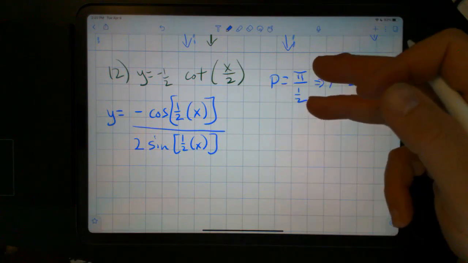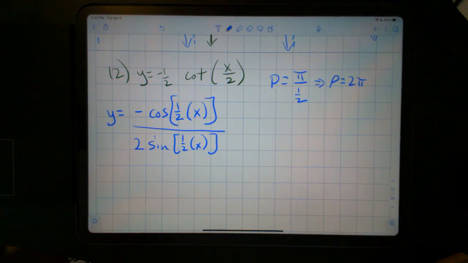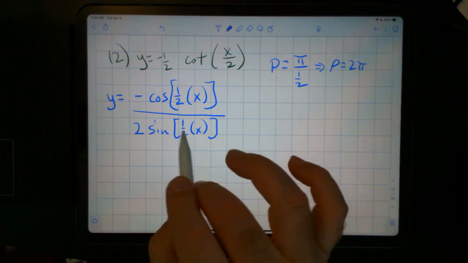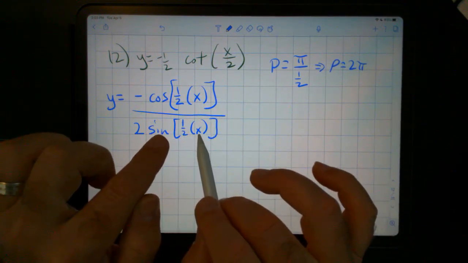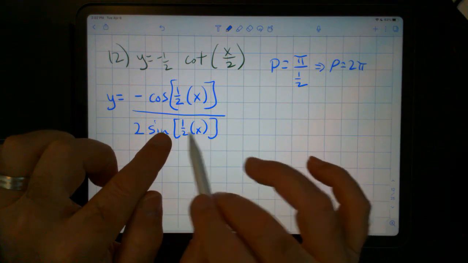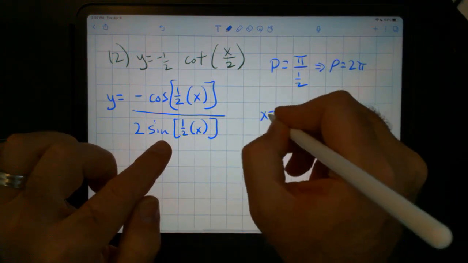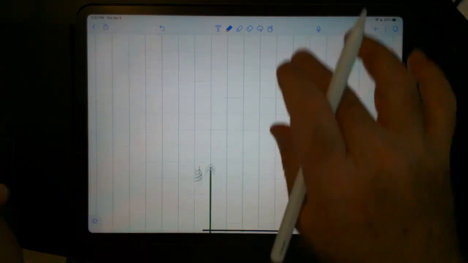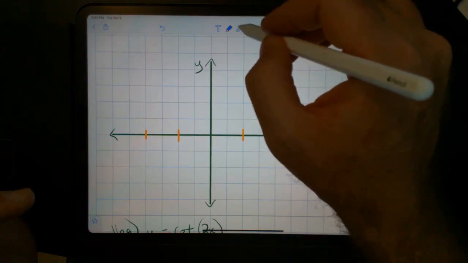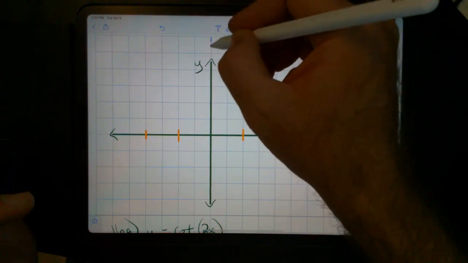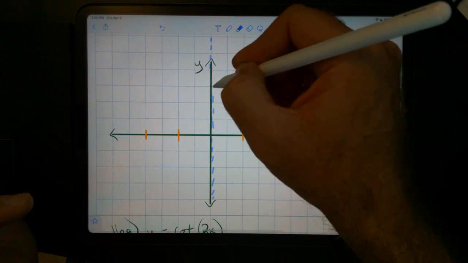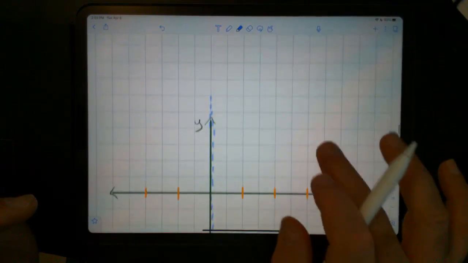Multiply this by 2 over 2 and your denominator gets absorbed, gives us 2 pi. Then when we look at the denominator for our asymptotes, sine of 1/2 x is 0 when x is 0. And so what we have is x equals 0 is a vertical asymptote, and our period is 2 pi.